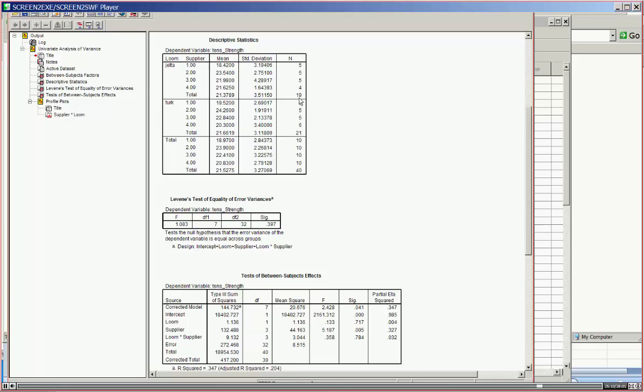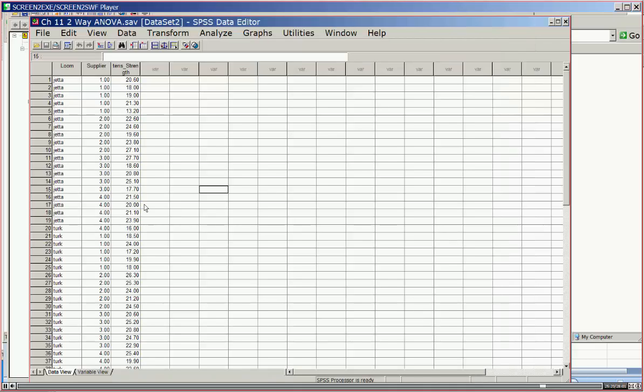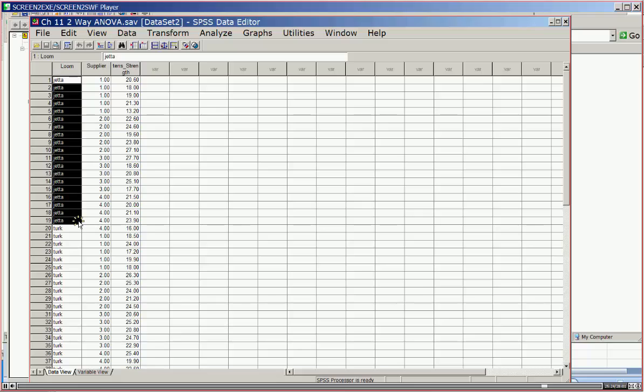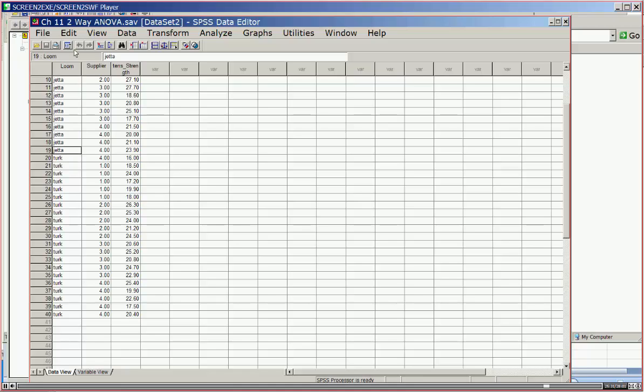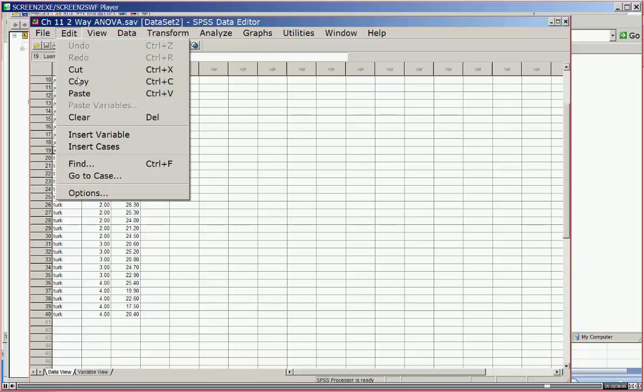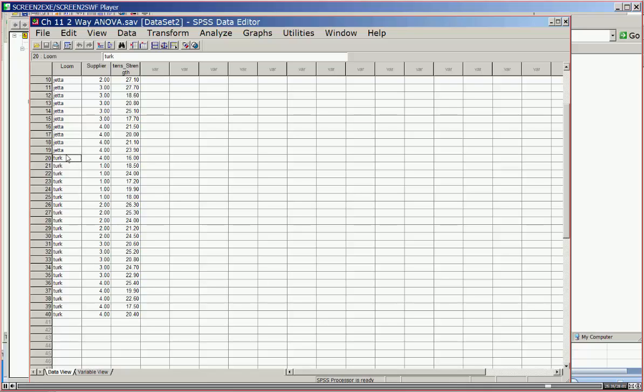Now this is a little strange. Why do we have... something happened here? I see. Let's go back. It should be Jetta. That's why. No, this makes sense.